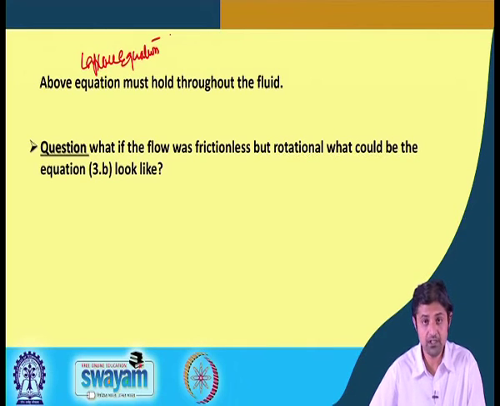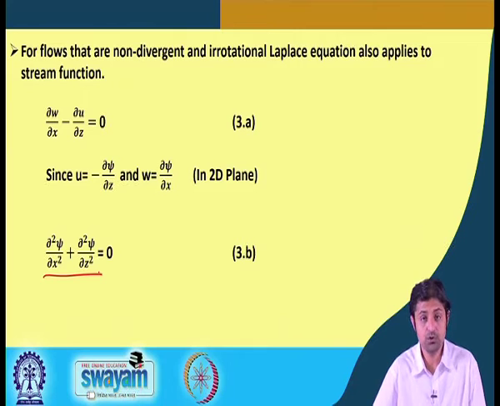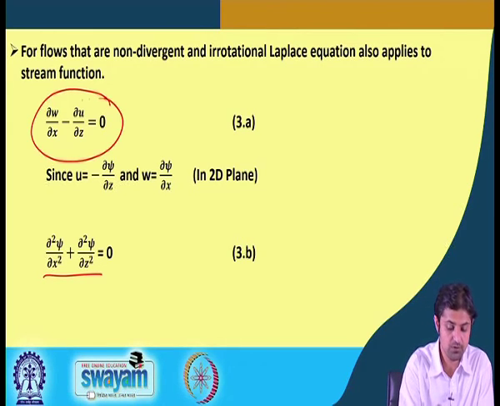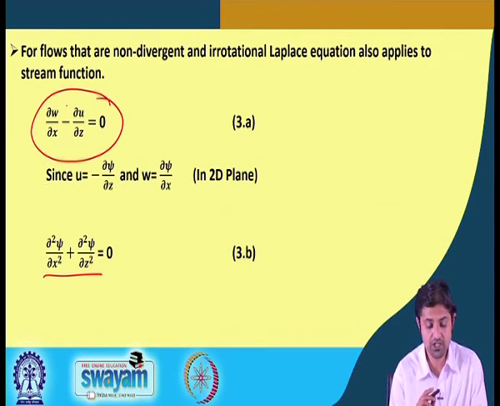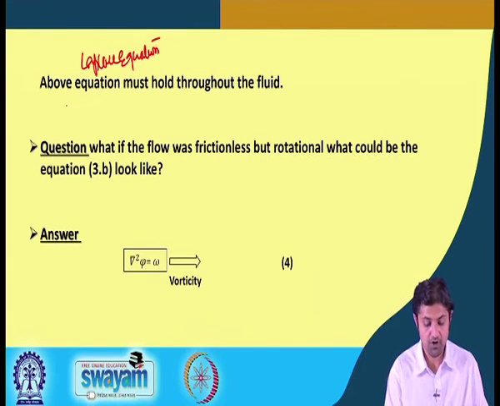So at this point I have a small question for you, think about it. What if the flow was frictionless, but rotational, not irrotational? What could equation 3b look like? If you brush up your mind, for irrotational flow this term was 0, right? But if it is rotational, then it is given by the vorticity.